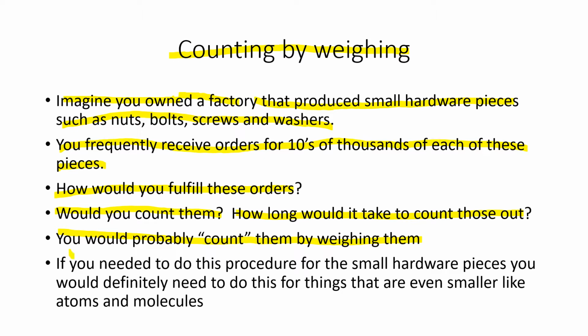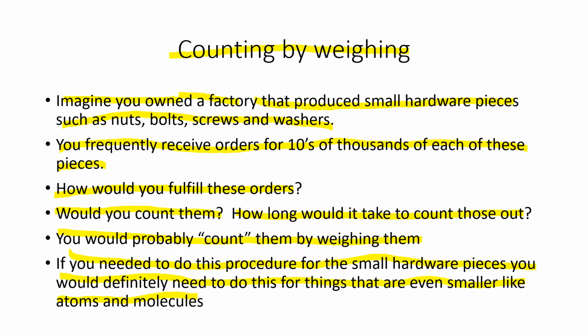Well, if you have to do this procedure for small hardware pieces like that, you would definitely need to use this idea of counting by weighing for things that are even smaller, for atoms and molecules. We've already talked about how small atoms and molecules are.